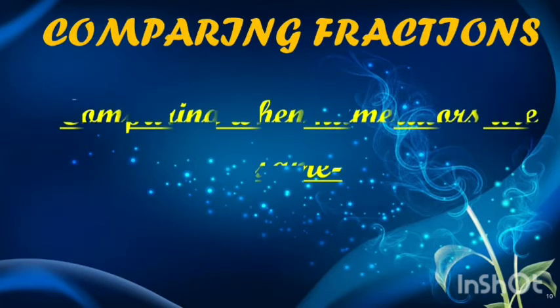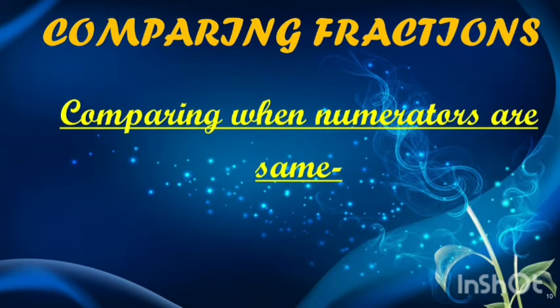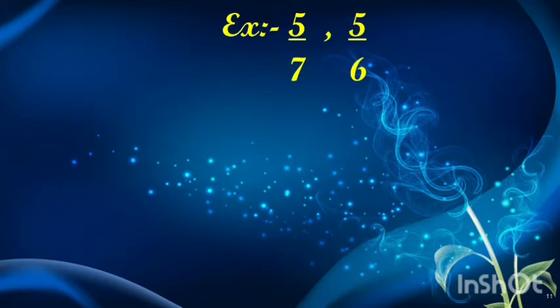Moving forward, the second type is comparing when numerators are the same and denominators are different. That means we are talking about unlike fractions. For example, 5 upon 7 and 5 upon 6. When numerators of two or more fractions are the same, the fraction with the smaller denominator is the greater fraction.